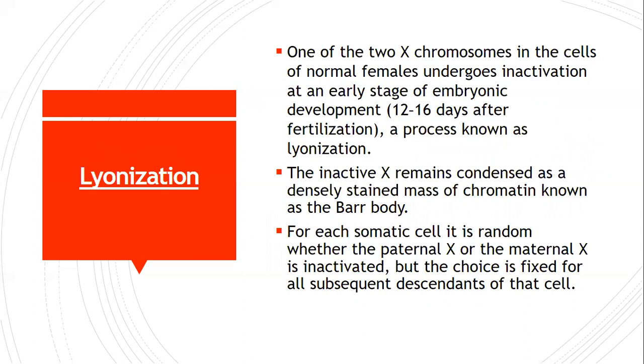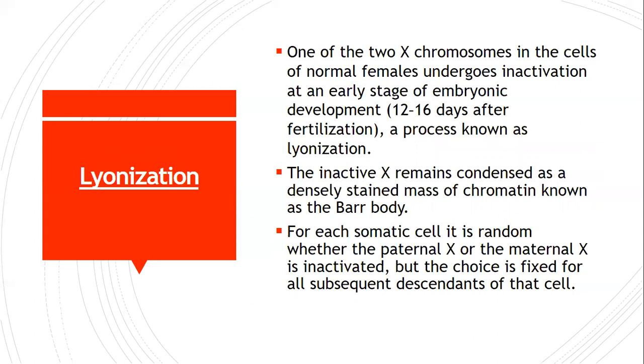Lionization is a concept in which one of the two X chromosomes in the cells of normal females undergoes inactivation at an early stage of embryonic development, that is 12 to 16 days after fertilization. So this phenomenon by which one of the X chromosomes becomes inactive is called lionization.